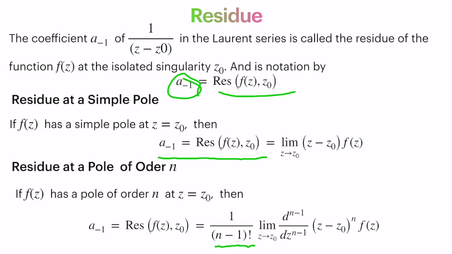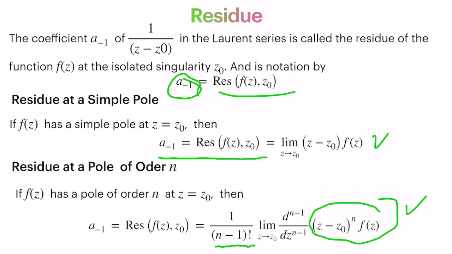So you multiply the function with z minus z naught to the power n, then differentiate it n minus 1 times with respect to z, then take the limit z going to z naught, and then divide by n minus 1 factorial. Basically by doing this process you are trying to eliminate all other coefficients and reach the coefficient a minus 1 in the Laurent series. That is what gives you the value of the residue. So these two are very useful formulas to compute the residue of a function, either at a simple pole or of order n.